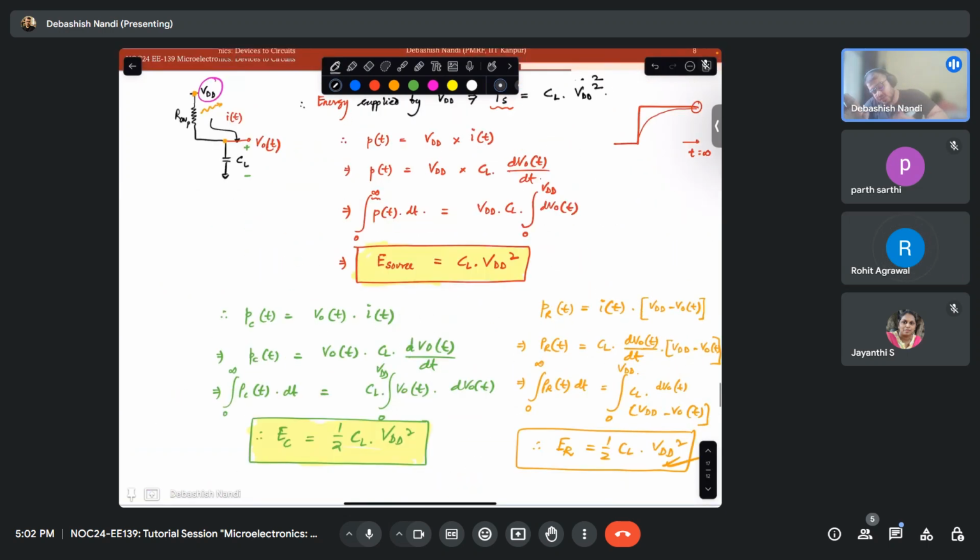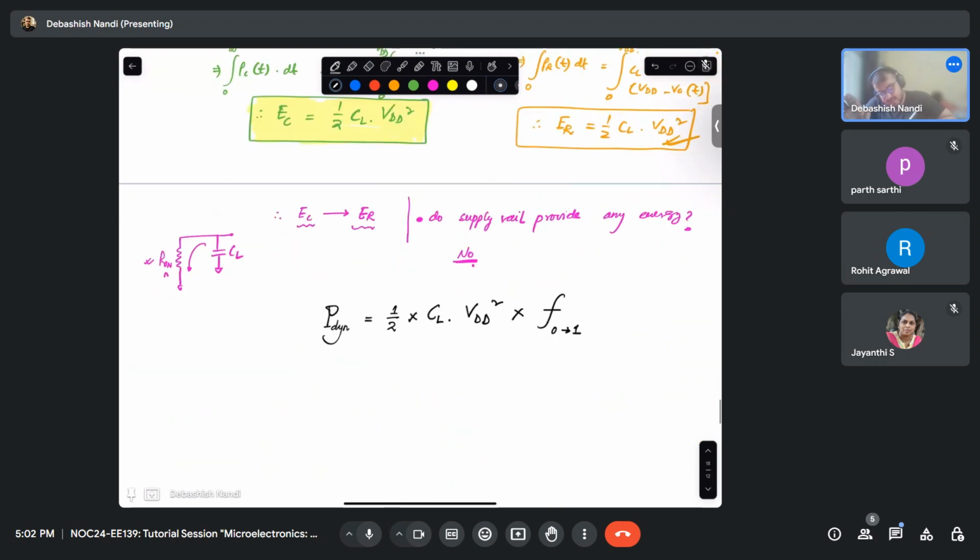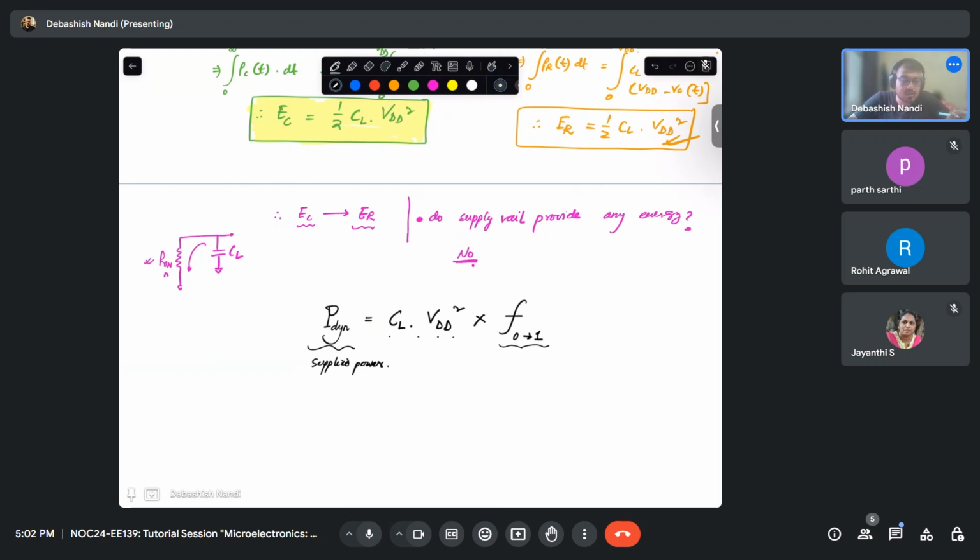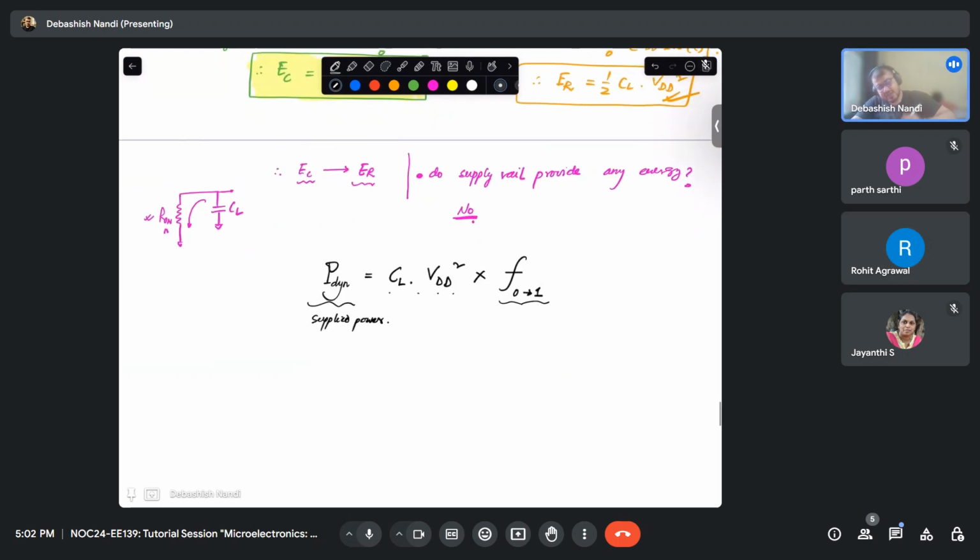Sorry, this will not be half here, because what we are talking about is supplied power. So supplied power will be CL VDD square times the frequency of the 0 to 1 transition at the output. Yes, sir. Fine.